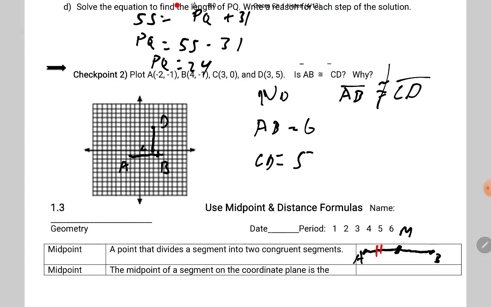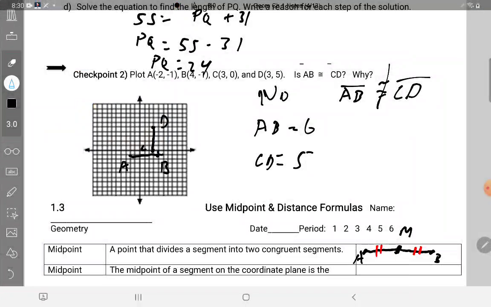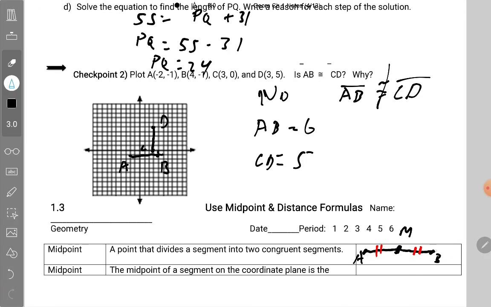And I'm going to use 2 tick marks to decide that these 2 segments are congruent. The segments I'm talking about is AM and BM.